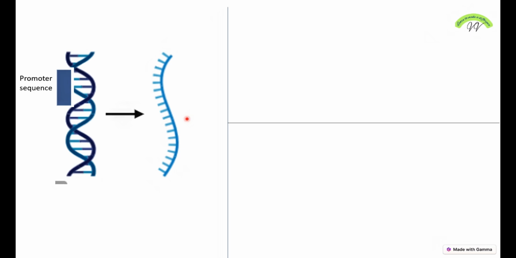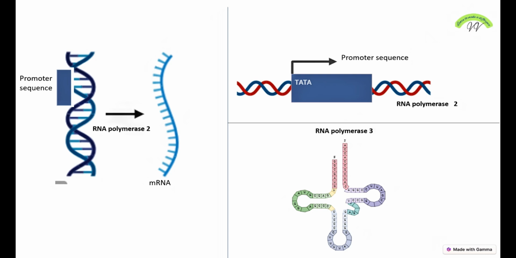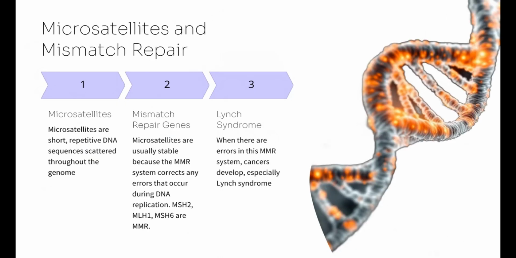It will start producing it. So mostly the TATA box is what is present in the promoter sequence. RNA polymerase 2 along with transcription factors will bind with this TATA box. RNA polymerase 3 is helpful in the synthesis of tRNA.